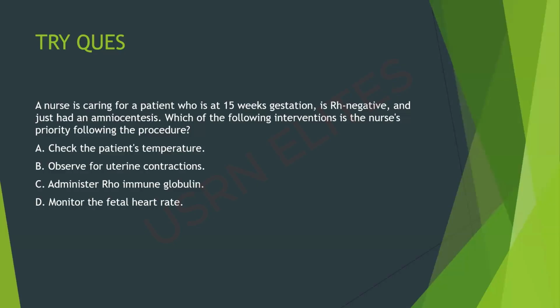And with RH negative, you have to give immunoglobulin, provided the fetus is positive. And here it didn't state. So whether this or that, we are not going to assume what if it is negative, what if it is positive. Our priority is to prevent sensitization. All right. That will be our priority.